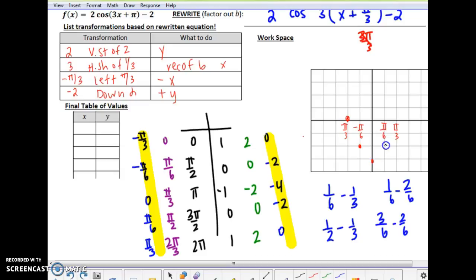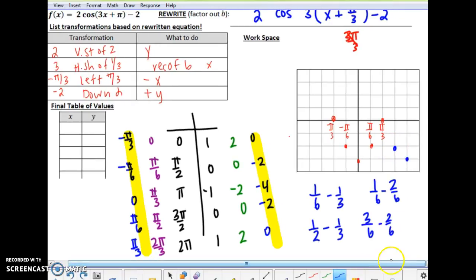Negative 4, negative 2, 0. So those are the ones from our table of values. And there's your nice cosine graph.